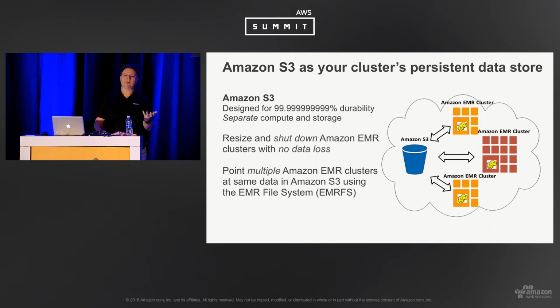So with the data stored in S3, because it's elastic and it's highly parallel, that storage is able to grow to handle whatever amount of growth in your data you see. Okay? So on the storage side, you've got a lot of flexibility there. On the compute side, if the data is stored in S3 and we have 11 nines of durability, that means you have a lot of flexibility in the sizing of the cluster.